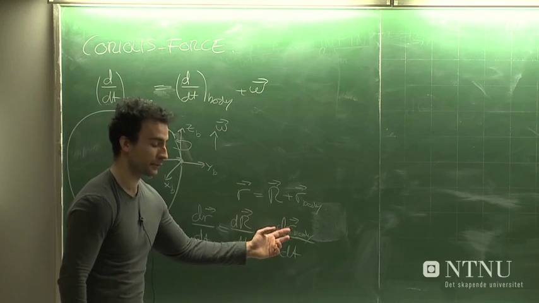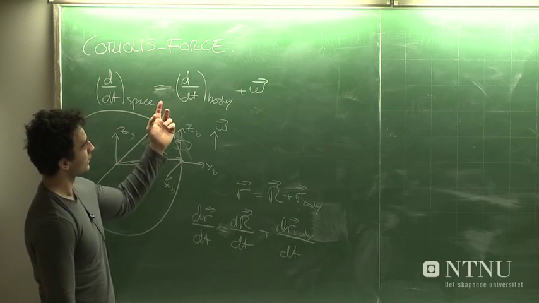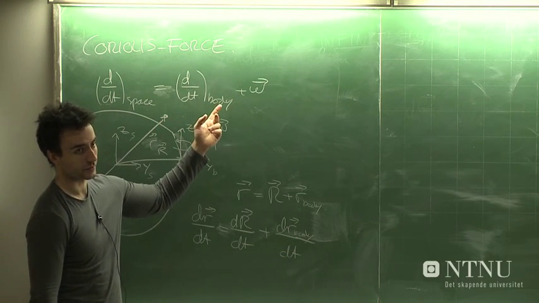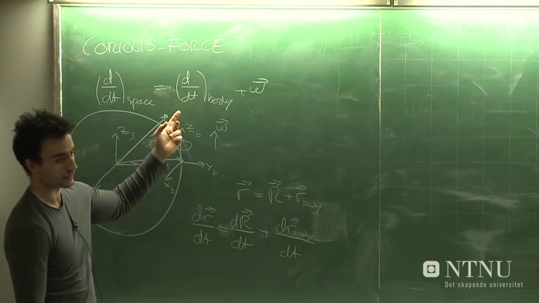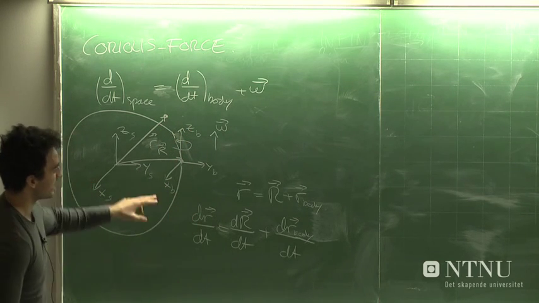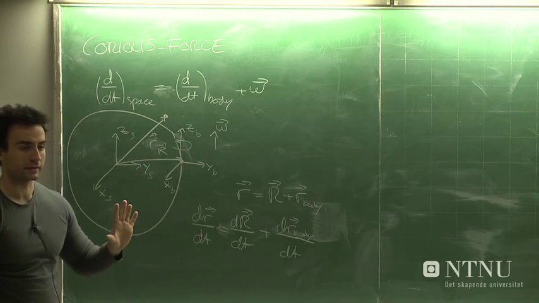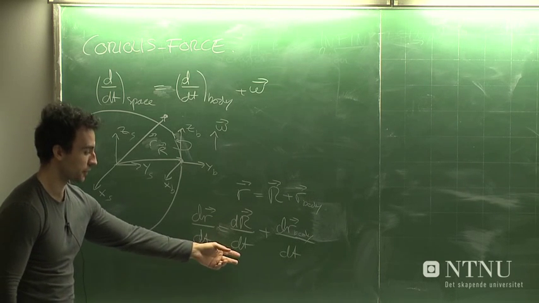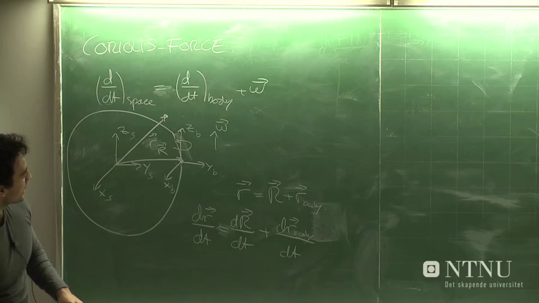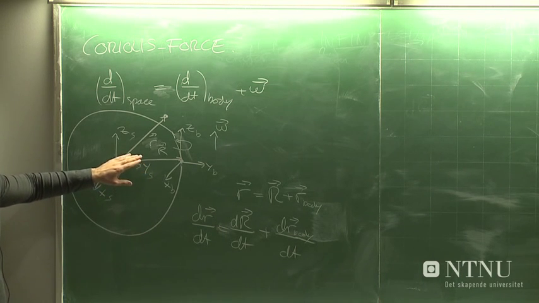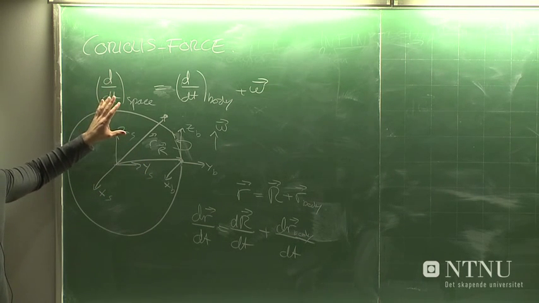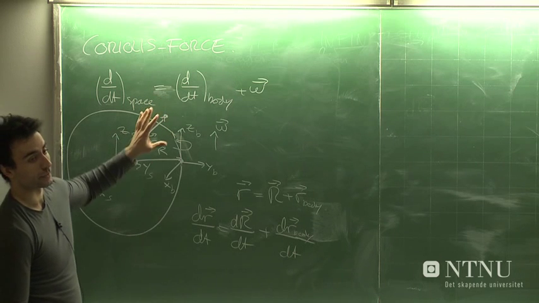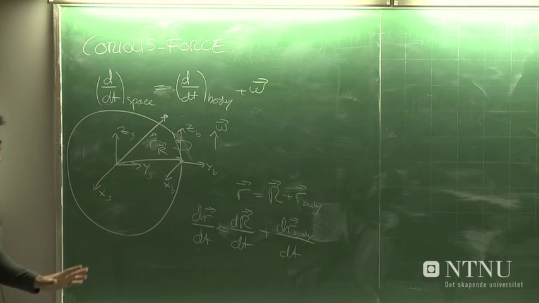This term, the time derivative of r body, gives these two terms, as we've seen before, since these unit vectors describing the direction of the axes in the new coordinate system rotate. But we have an additional term here. So we have to be careful about what these terms actually represent, depending on what scenario we have.